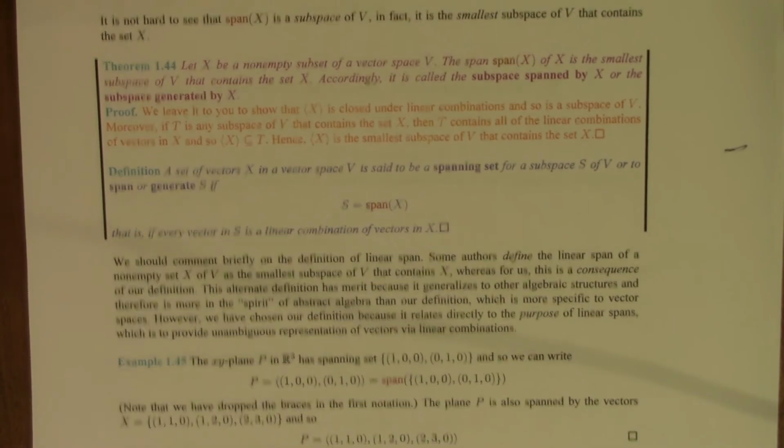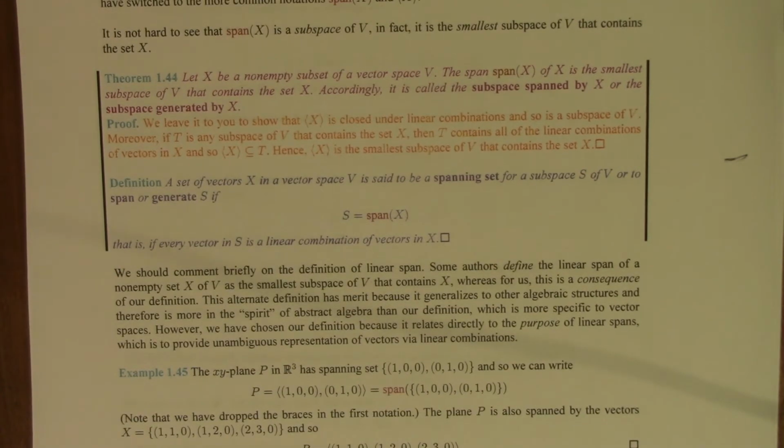But I chose the definition I gave, even though I prefer the other one really, because it relates more directly to the purpose at hand, and that is to provide unambiguous representation of vectors via linear combinations.